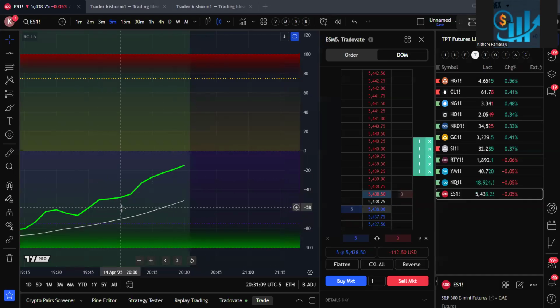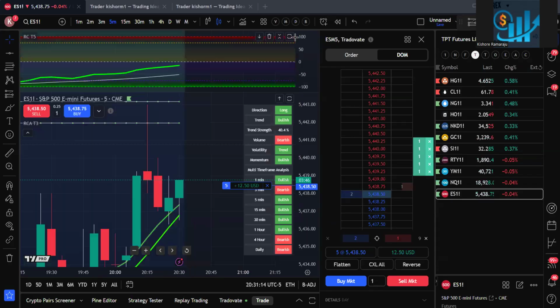In 5 minutes also, it is very bullish. And so our risk is minimal.